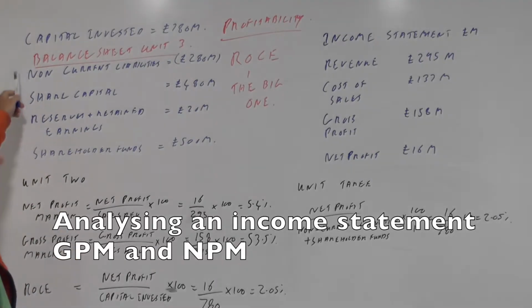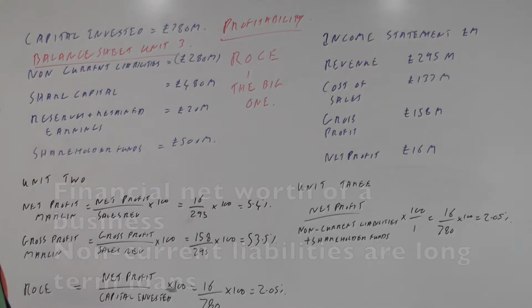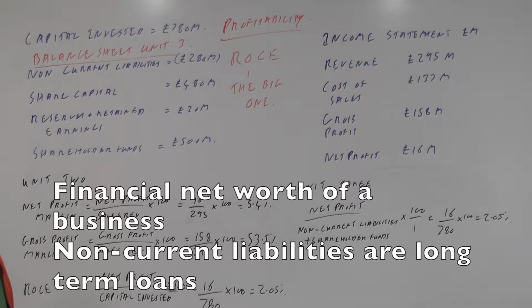On here we have a balance sheet. Now, don't worry too much about this at this moment in time, but basically this firm has invested 780 million quid. Now, I can get that information from a balance sheet, and I've just shown a part of it here.